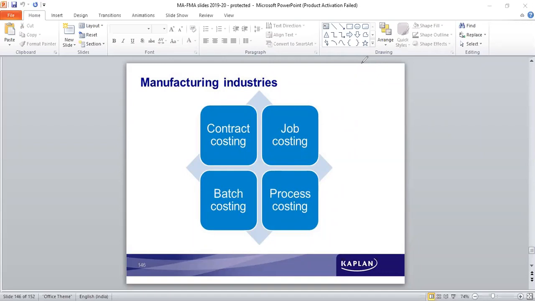Contract costing is, see, when the nature of work is over a long period of time, on completion of the contract, which is spread over a long period of time, the total profit can be realized. But waiting until a long period of time, not realizing anything, also would not be appropriate.